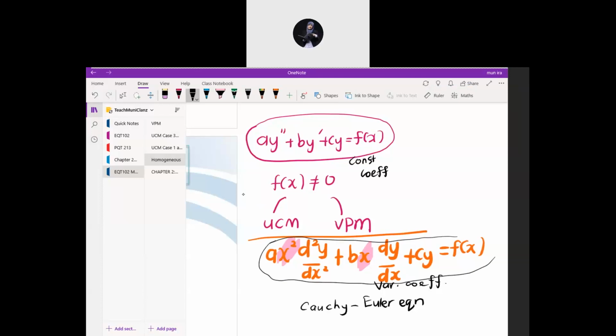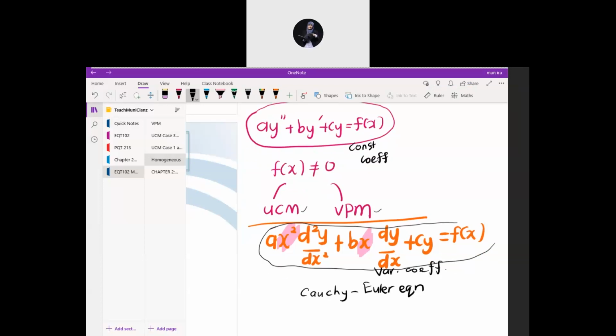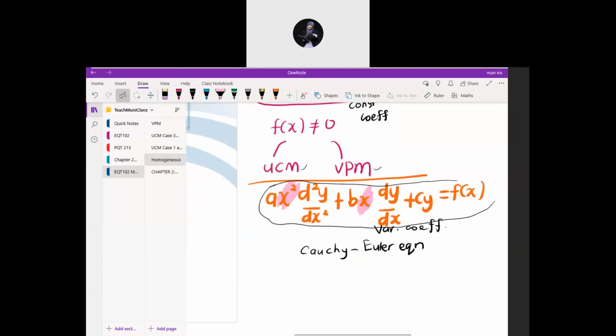Why? The reason is because UCM and VPM can only solve constant coefficient equations, not variable coefficient. But, we insist on solving the Cauchy-Euler equation by using UCM and VPM. How?